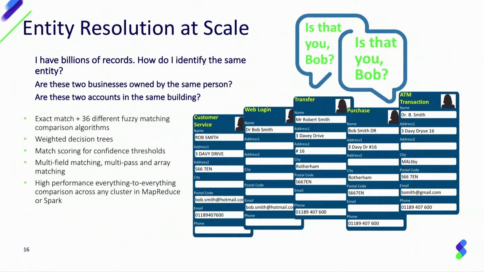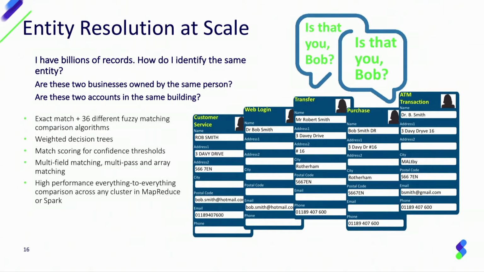Multi-field matching also becomes important: not looking at just the name, but matching across multiple fields and also across arrays. For example, the address will be an array here, because it's multiple words, with 3 David Drive versus 3 David Drive number 16, or just number 16, finding those relations across the records.